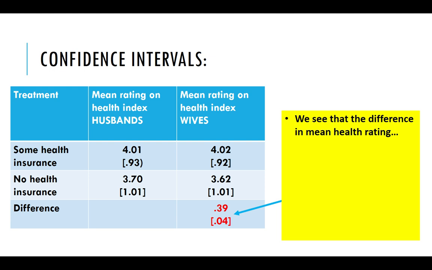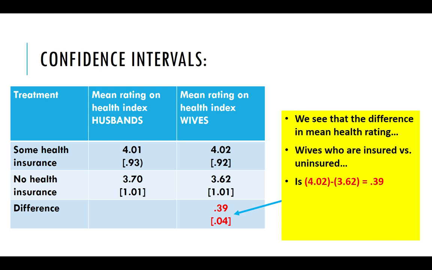So if I calculate that difference, I get 0.39 with a standard error of 0.04. So I'm comparing wives who are insured versus wives who are uninsured. Make sure you understand where I got that 0.39. I just took the difference in the means, 0.39.